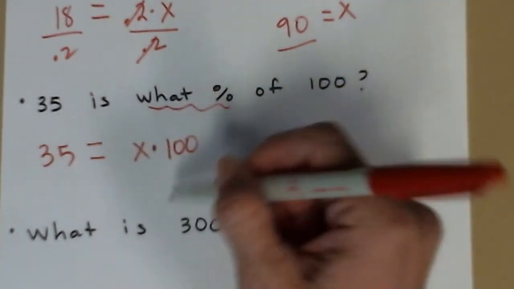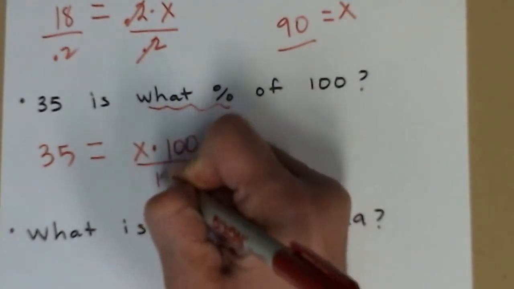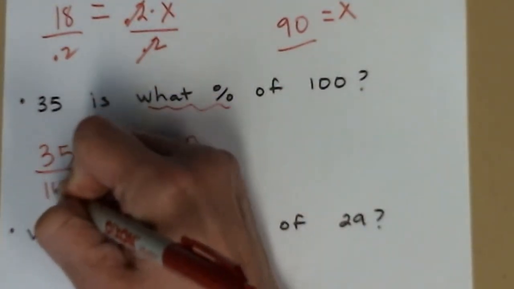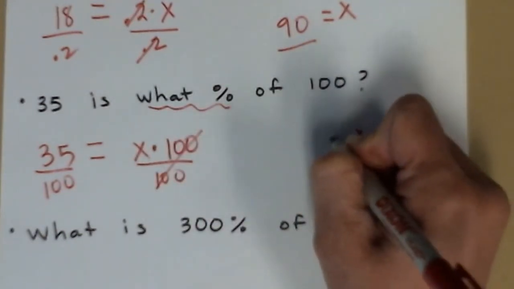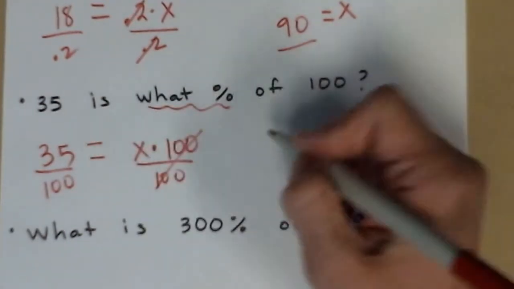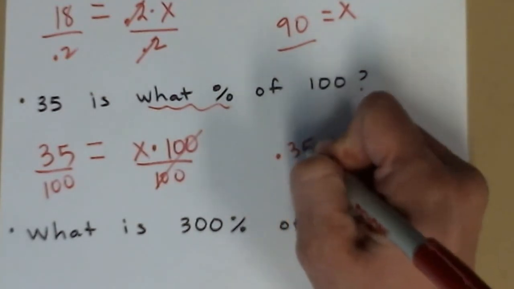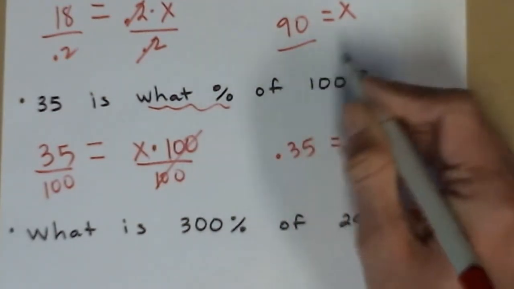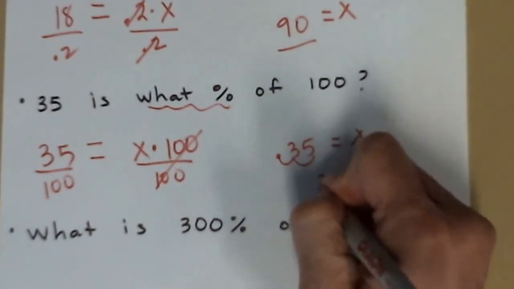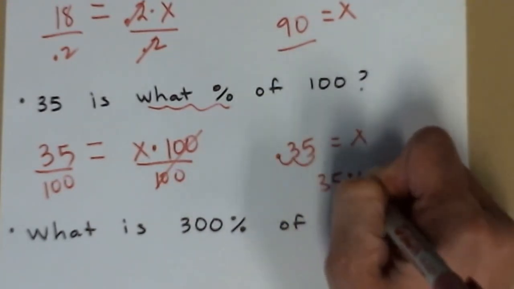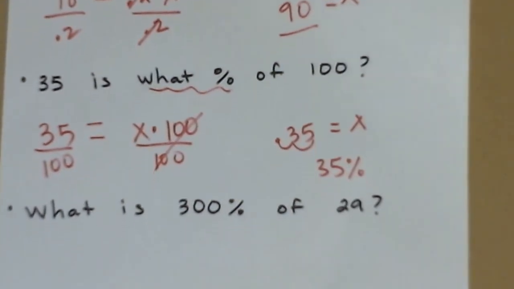Solve for x, divide by 100, and they cancel. So x is 35 divided by 100, 0.35. But then convert it to percent notation, two swoops to the right, and add the percent symbol.